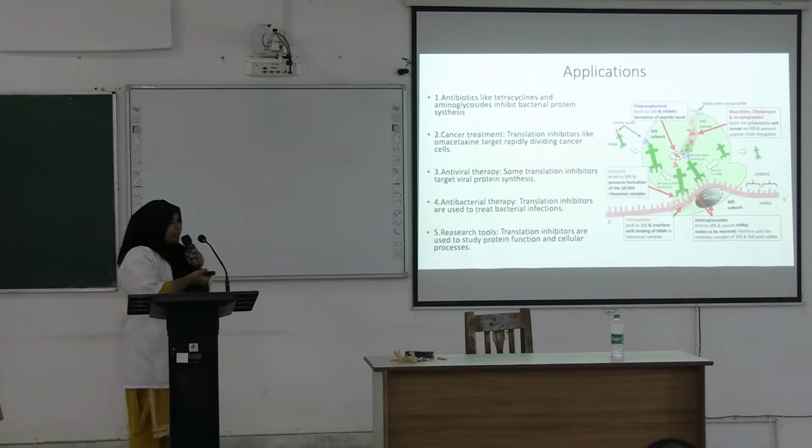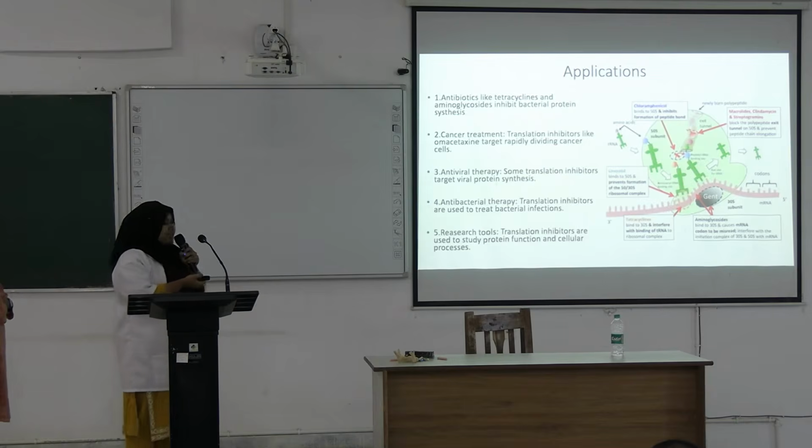Then come to the application of the inhibitors of translation. At first, we have antibiotics like tetracyclines and aminoglycosides that inhibit bacterial protein synthesis. We have cancer treatment as an application.